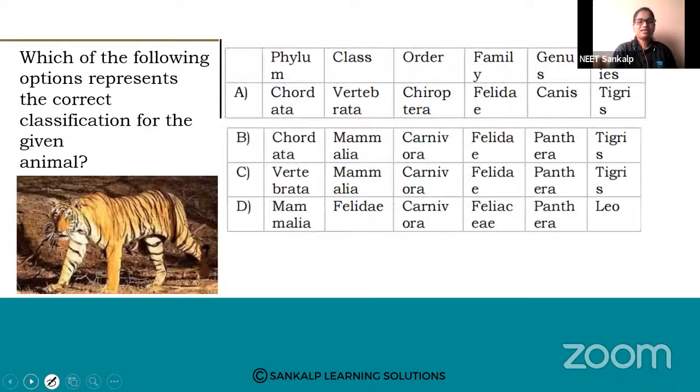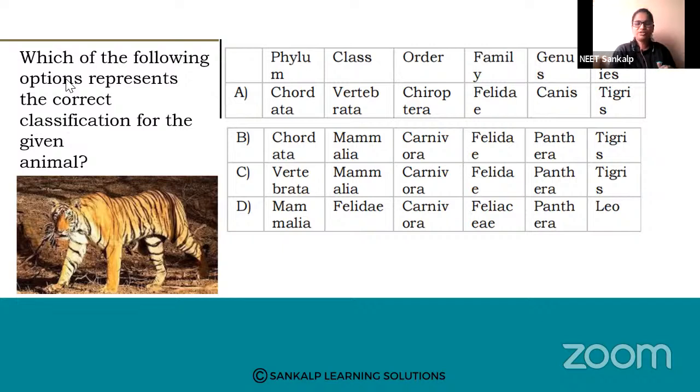Which of the options represents the correct classification for the given animal? The given animal is tiger. So you have to concentrate on the correct classification of it. See the options, guys, and then tell me the answer. A: phylum Chordata, class Vertebrata, order Chiroptera, family Felidae, genus Canis, species Tigris.